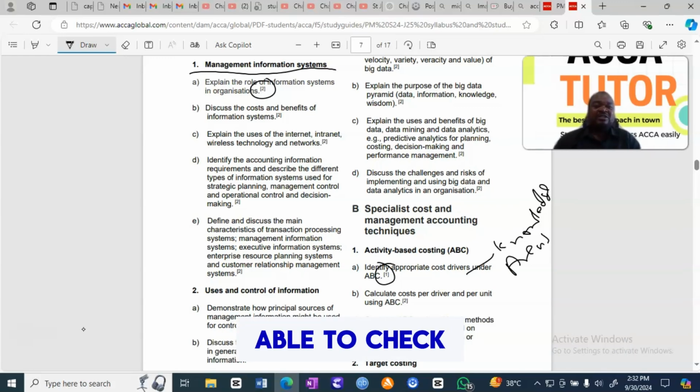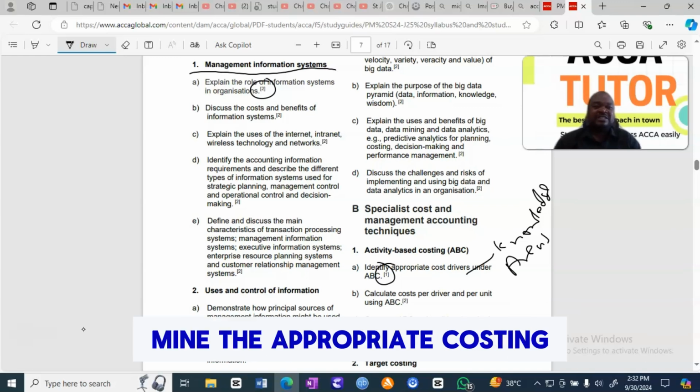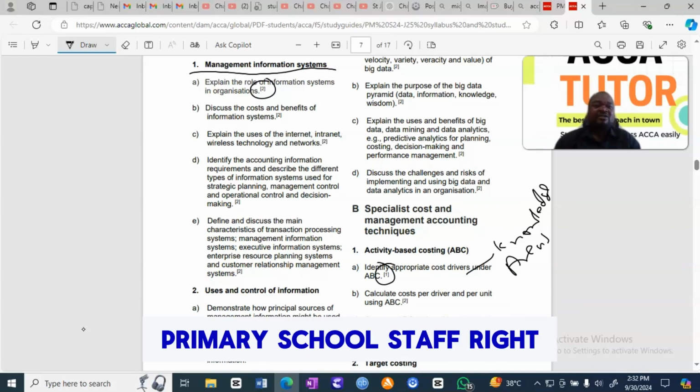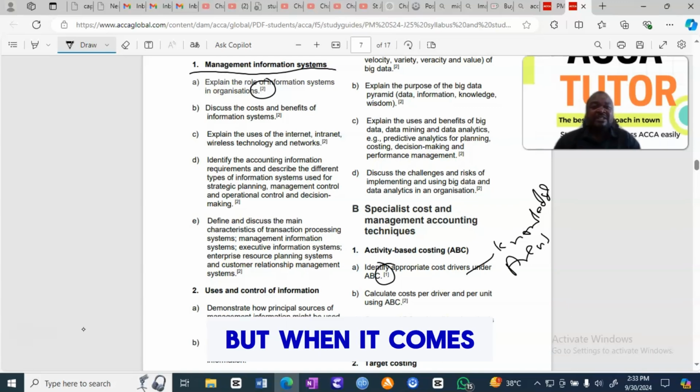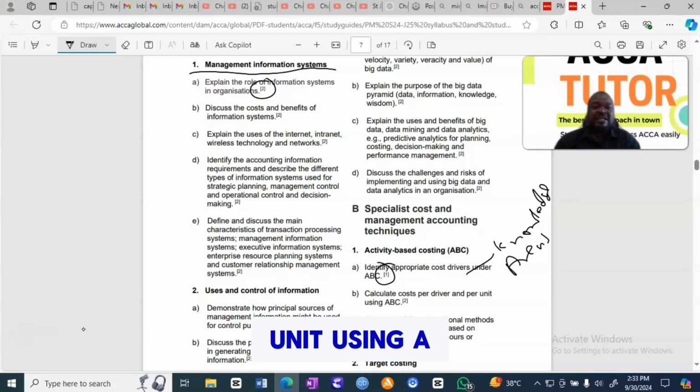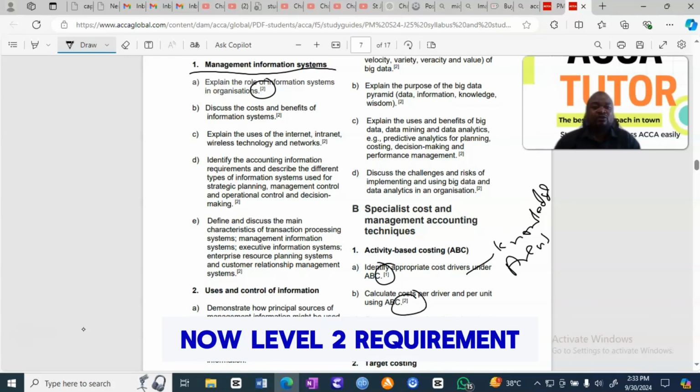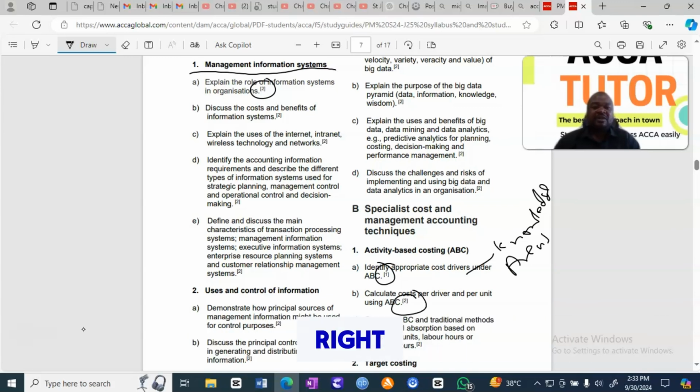You need to be able to determine the appropriate cost drivers. That one is the primary school stuff. But when it comes to calculate costs per driver and per unit using ABC, this is now a level 2 requirement.